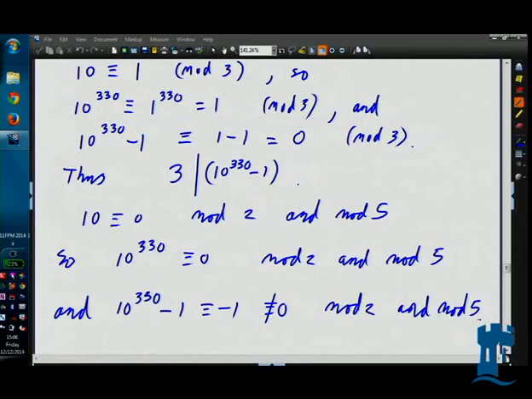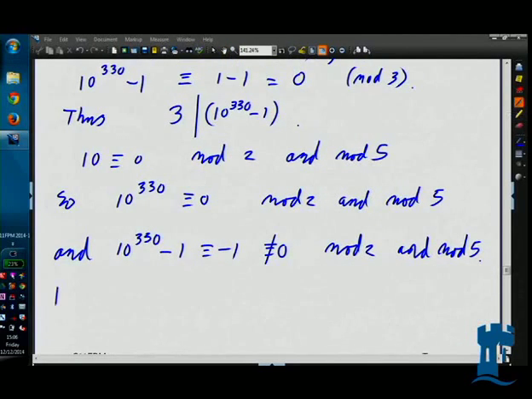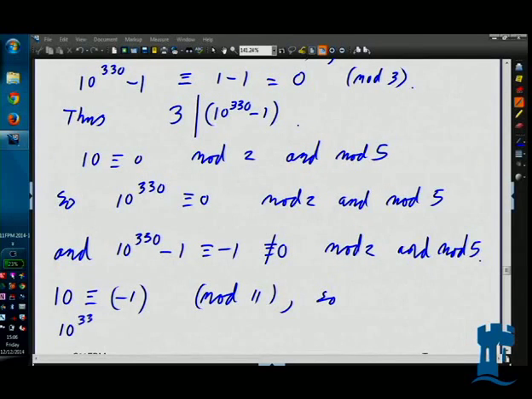And finally, you have to deal with 11. 10 is congruent to minus 1 mod 11. So 10 to the power 330 is congruent to minus 1 to the power 330, which is 1 mod 11.